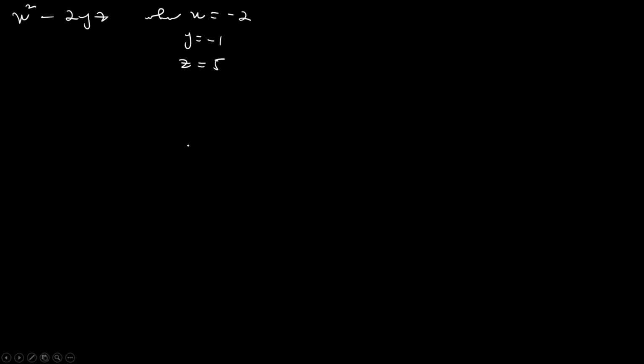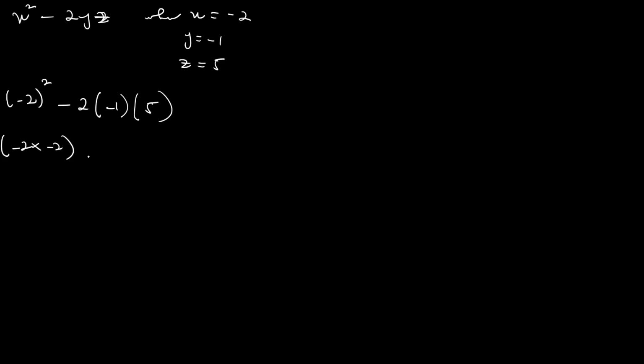Wherever we see each variable, we replace it with its related value. So x is minus 2. So we have minus 2 to the power 2 minus 2 times y, which is minus 1, times z, which is 5. This is the same thing as minus 2 times minus 2 minus 2 times minus 1 times 5.